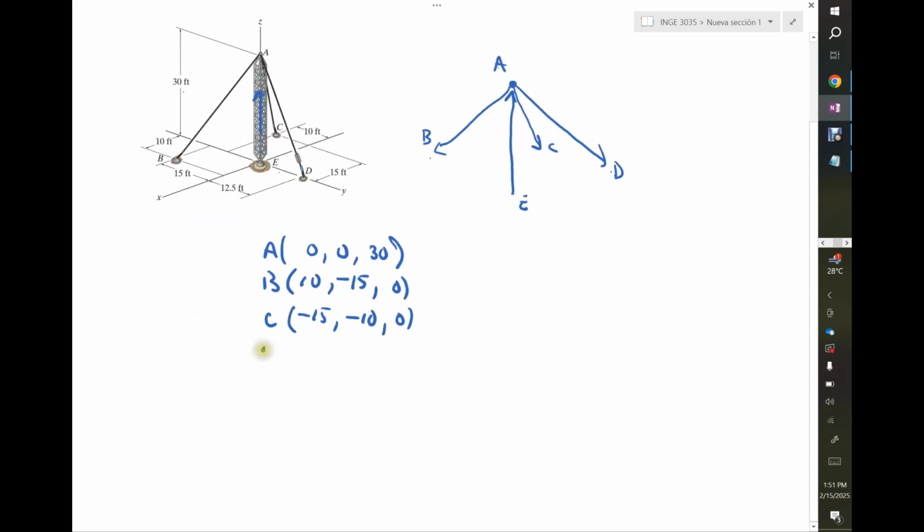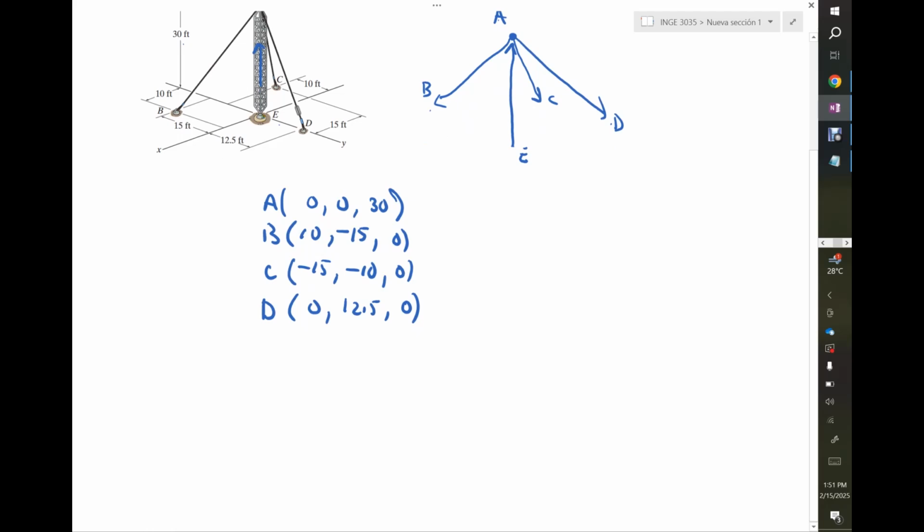That's D. Now D is located at the position, let's see, in X, it's not moving back and forth, so it's 0 here. And on the Y it's clearly set 12.5 in this direction, so it's 12.5, and it's also at the 0 position. Perfect.